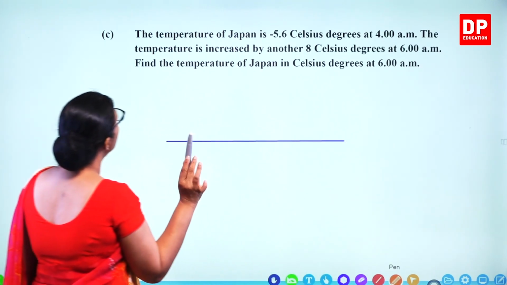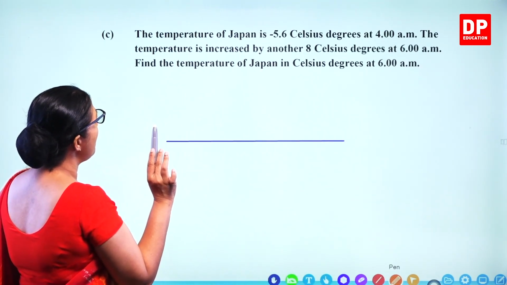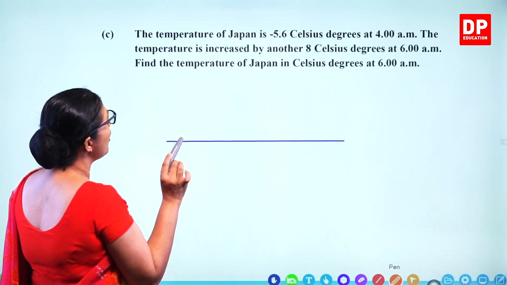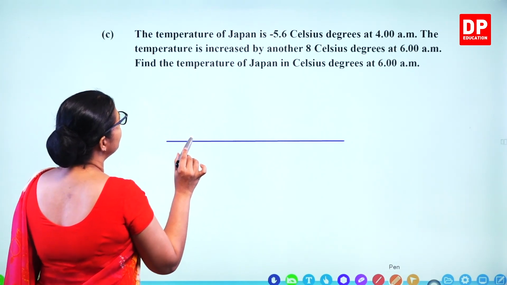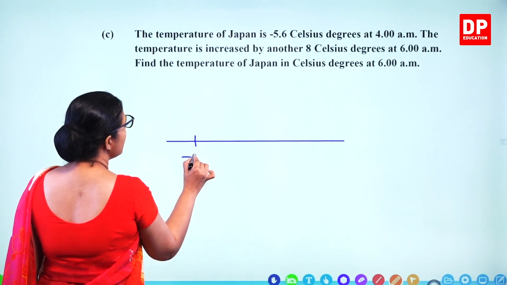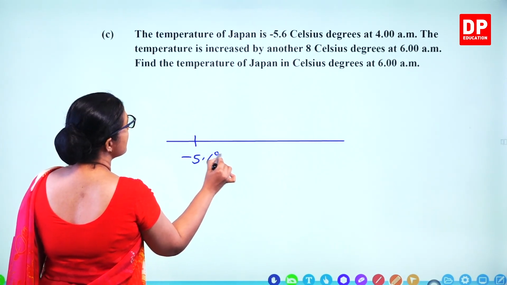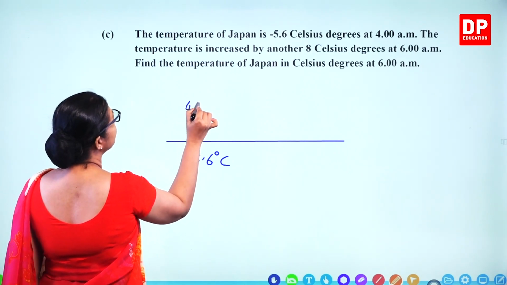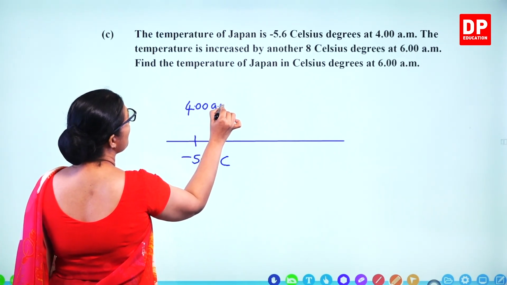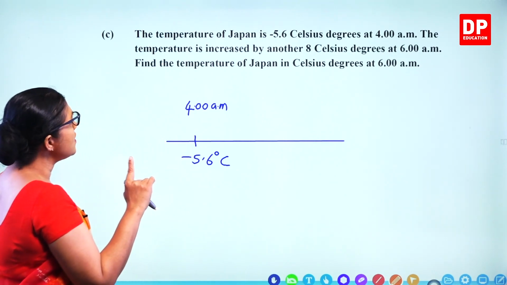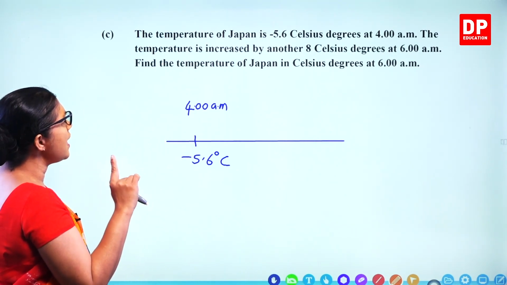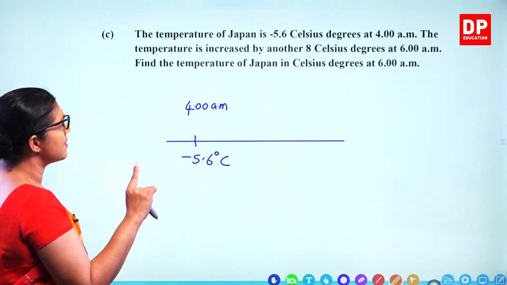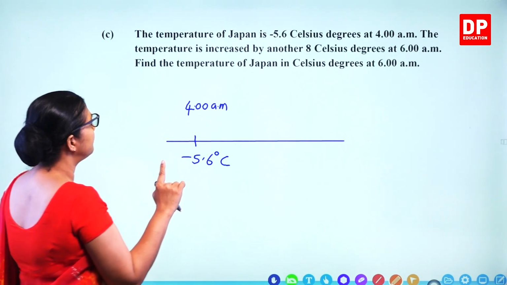Try to draw it. In Japan is minus 5.6 Celsius degrees at 4 a.m. The temperature is increased by another 8 Celsius degrees at 6 a.m.